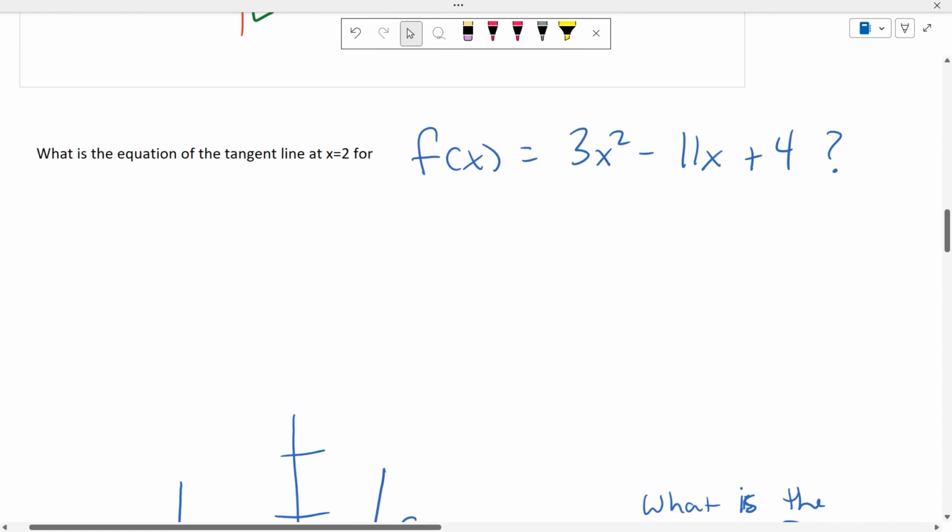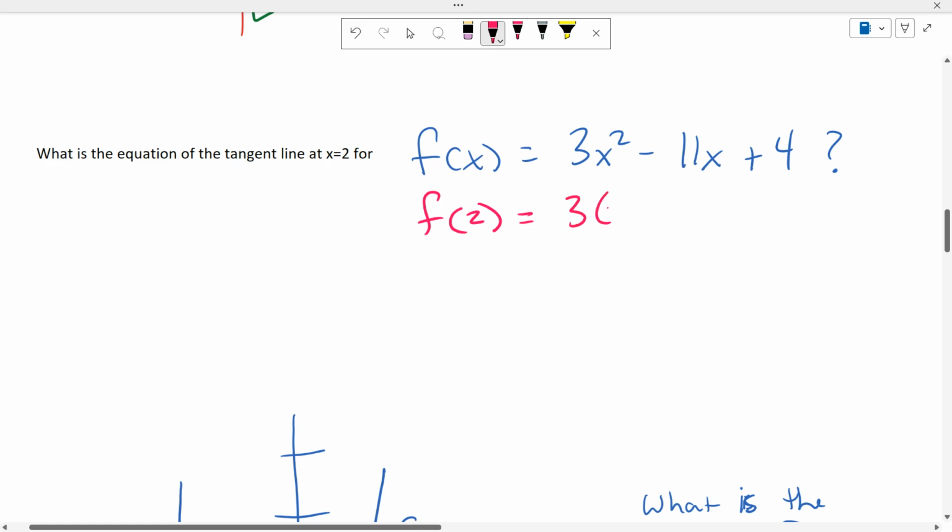What's the equation of the tangent line for this? We have to do a couple different steps here. We have to find f of 2 to find our y value.